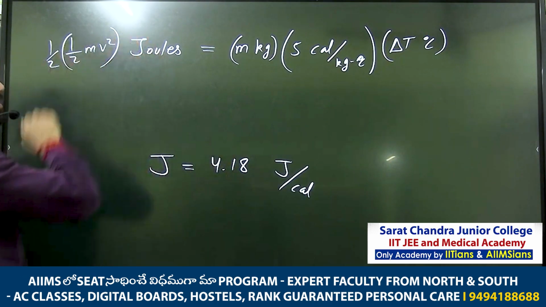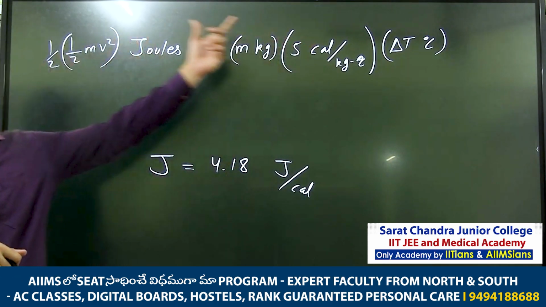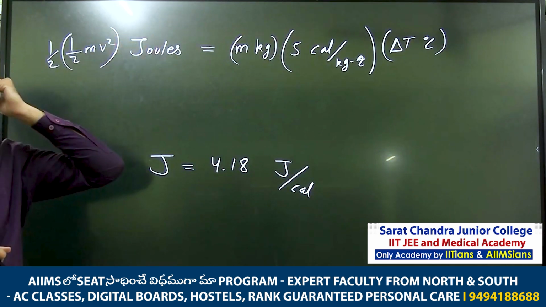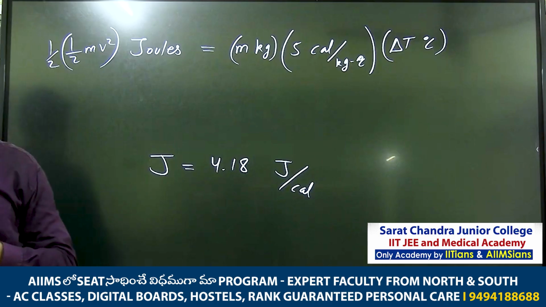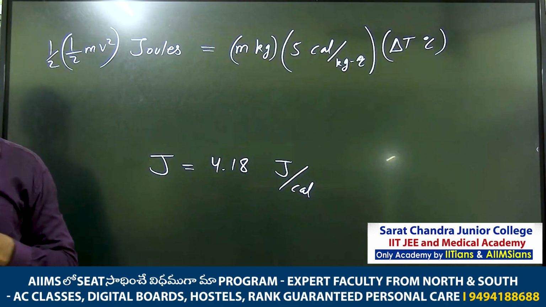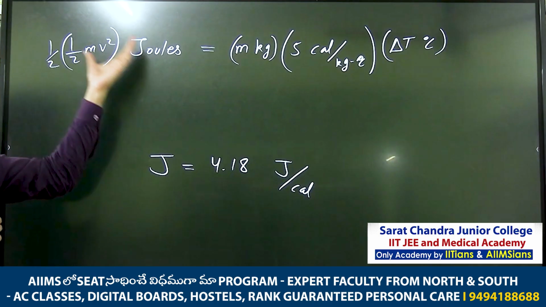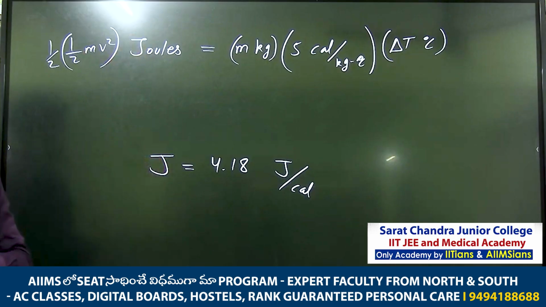This side is calorie already. I want to convert this joule into calorie. So should I multiply with this J or divide with this J? How many say divide?